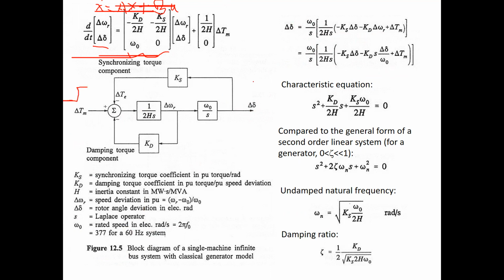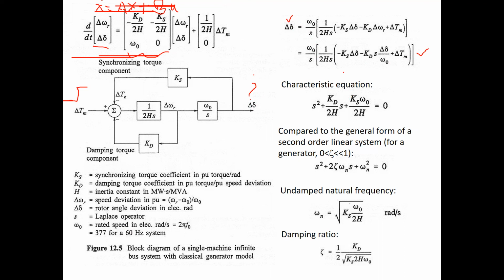Then how does delta change? How does the rotor angle change? We want to analyze this. And what we obtain is this one, the rotor angle deviation, and it is given by this number.